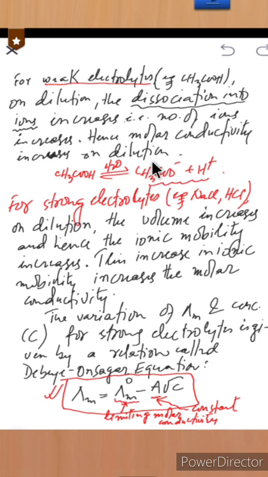So we are going to get a higher number of ions on dilution in case of weak electrolyte, because before adding water they dissociated partially, but after adding more water, dissociation into ions increases, meaning the reaction moves forward and the number of ions increases, so conductivity increases, hence molar conductivity also increases.